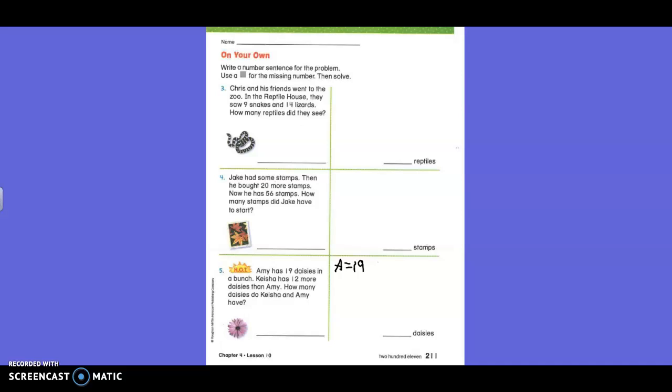So what do you think you have to do? You have to figure out how many Keisha has. So now you're going to have to go over here and write, well, I know Amy has 19 because the story told me she has 19. But Keisha has 12 more than Amy. So I have to do 12 more than 19.